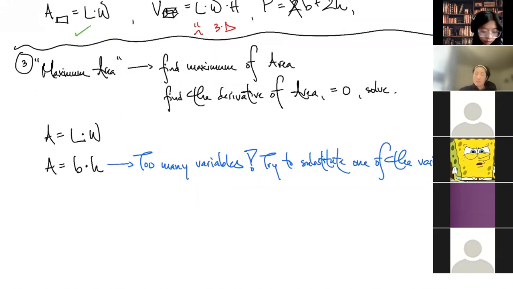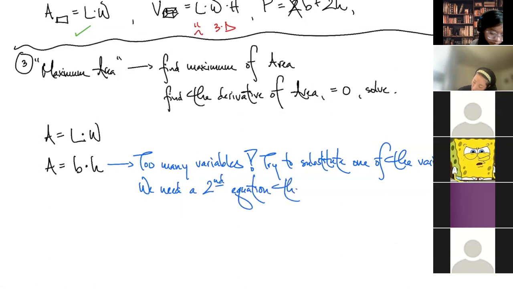This means we need a second equation that relates base to height. It gives us some sort of relationship between base and height, okay?